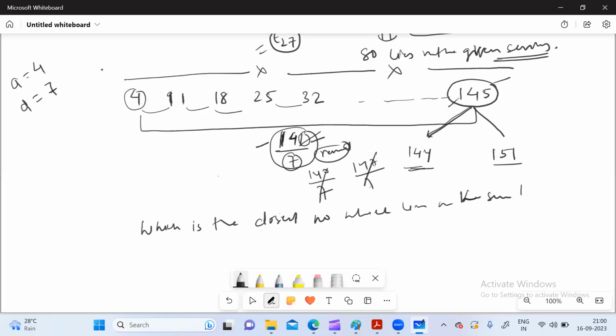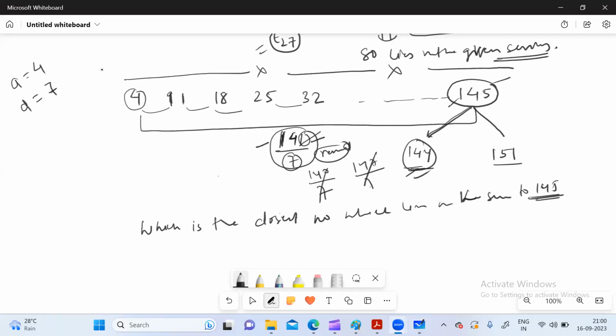So what will be the answer here? 144. 144, because this is the closest number. Okay, so you can easily check which is the closest number.